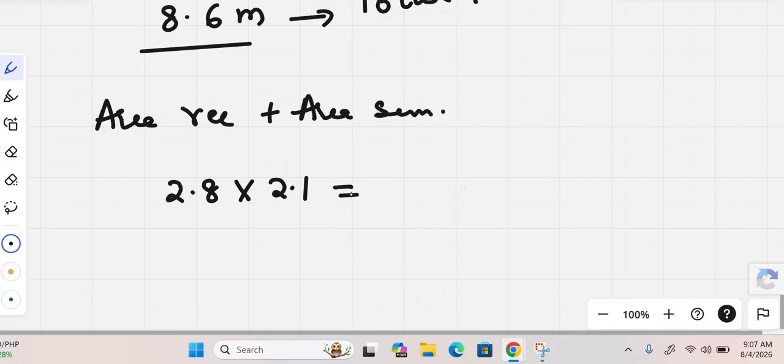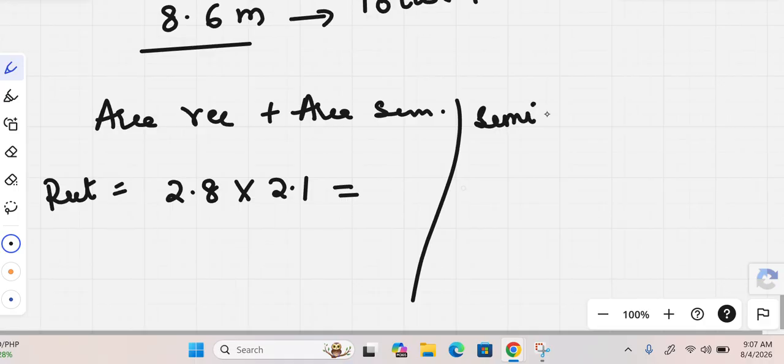If anybody has it, please tell me the value. Or else I'll have to do it. Is it 5.88 meter square? That is the area of rectangle.